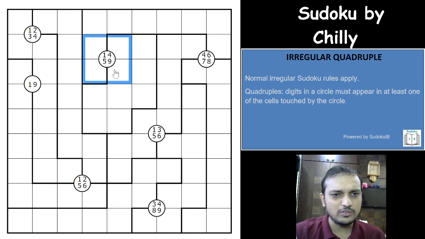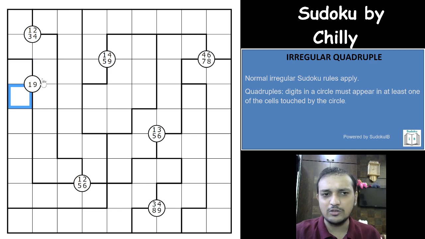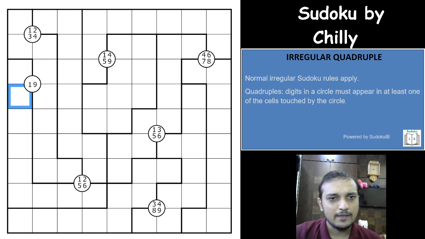If you have 4 numbers, all these 4 cells would have to be 1, 4, 5, 9 in any order. If you have only 2 numbers, at least these 2 numbers have to be there in these 4 cells once. You can have 1 twice as well, even 9 twice, but you will need to have at least 1 one time and 9 one time, right? And that is the rules. With that, we'll start solving this Sudoku.